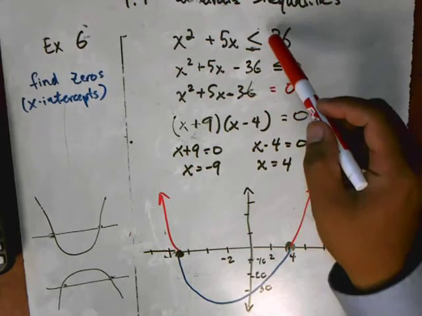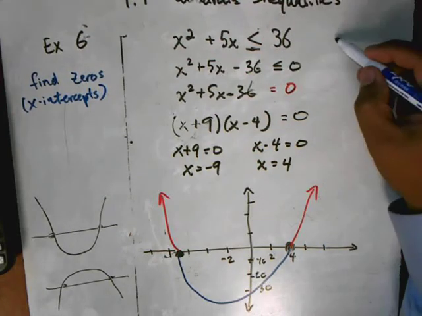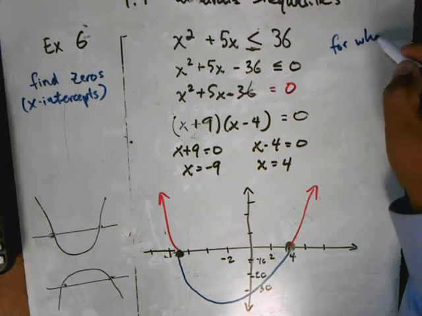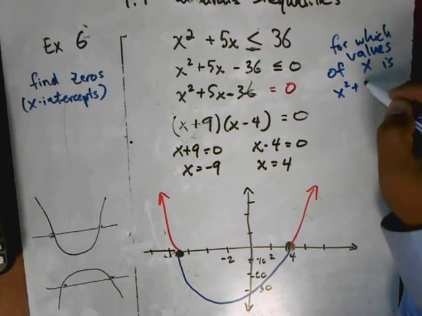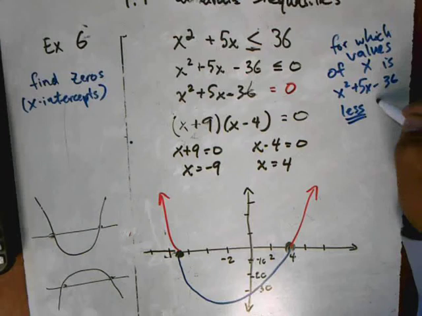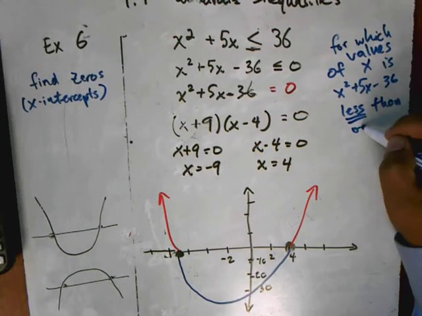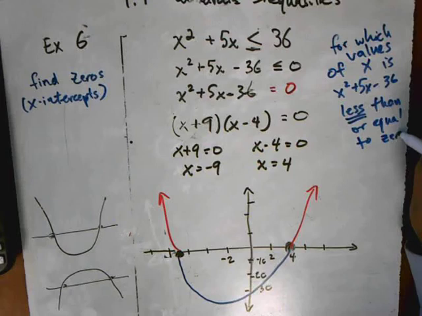But now I'm interested in the parts where it is less than 0. See this here? In the last example, this was a greater than sign. So this is really asking for which values of x is x squared plus 5x minus 36 less than or equal to 0.